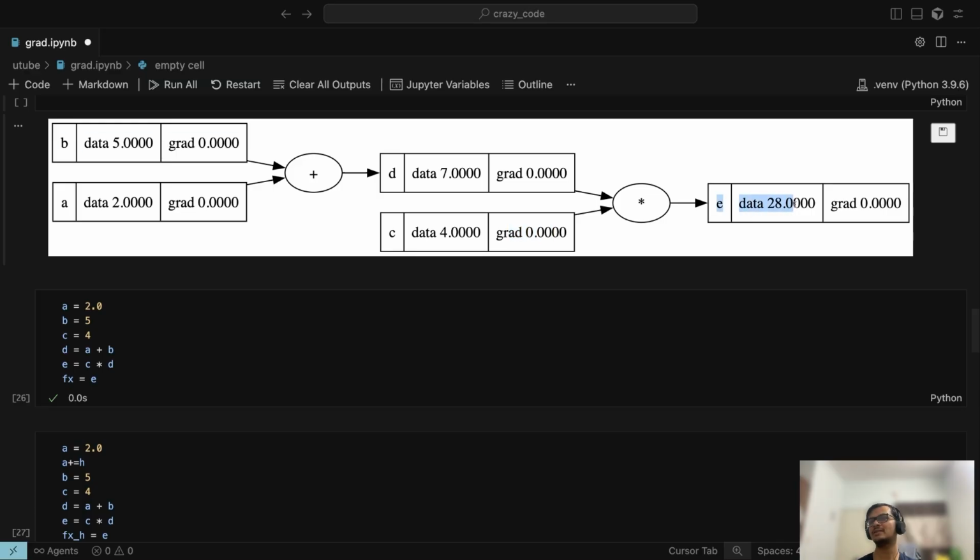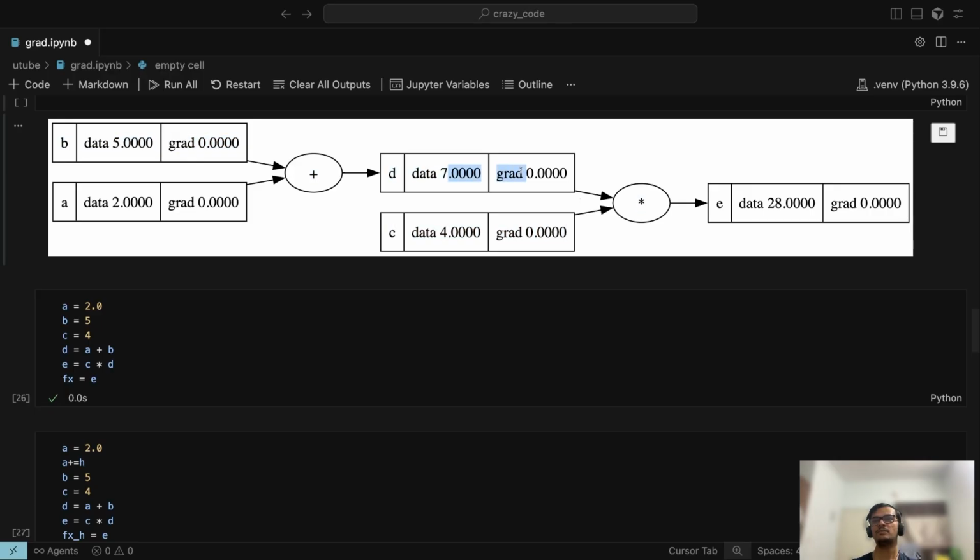Here, 28 is the loss or error, and we want to improve this error. We have to make some changes to the input values such that the error is reduced, so we need to know the rate of change at each point.